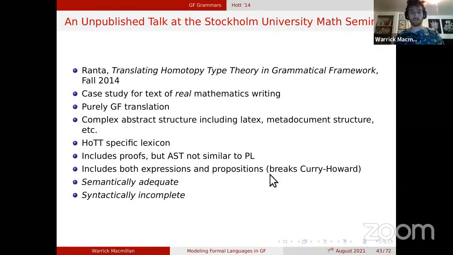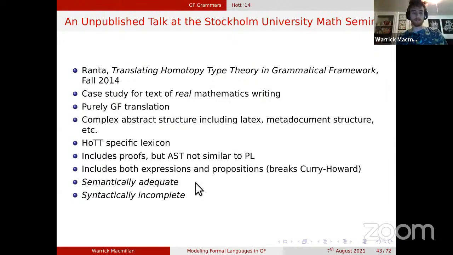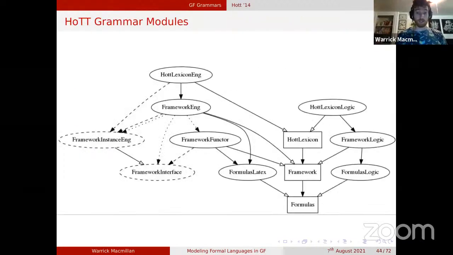So it makes it hard to translate to a programming language like Agda. We will say this is a semantically adequate grammar because it covers real world text, but it's syntactically incomplete. It's hard to figure out how you would write a linearization to a programming language such that it's unambiguous and compiles or type checks.